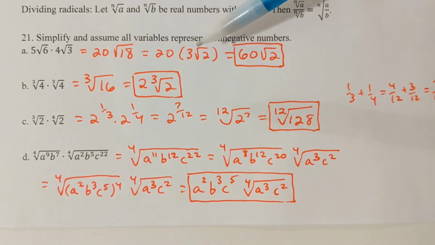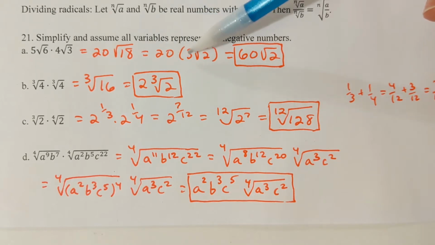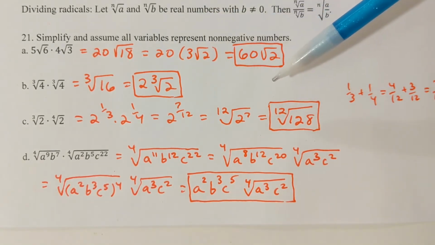If we use 9 and 2, I know the square root of 9 is 3. Root 2 would be the leftover, so 3 root 2 would be the simplified form of the square root of 18. 20 times 3 is 60, so 60 root 2 would be my answer then.